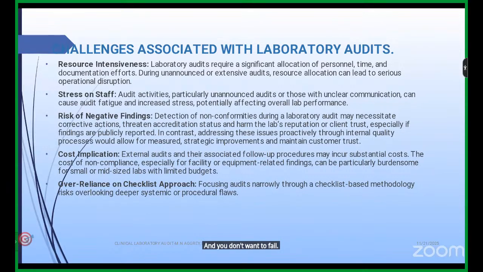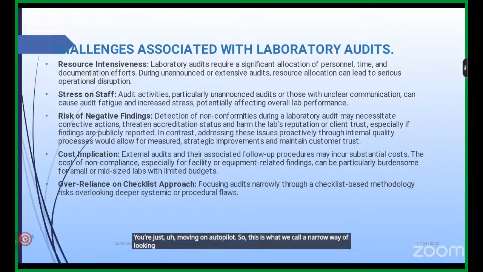That time when you are holding an EQA is when you have to make sure that your calibrations are right. Your QCs are close to the targets. But in other days, you rarely keep your QC records. You rarely check the trends and shifts. You're just moving on autopilot. So this is what we call a narrow way of looking at things.